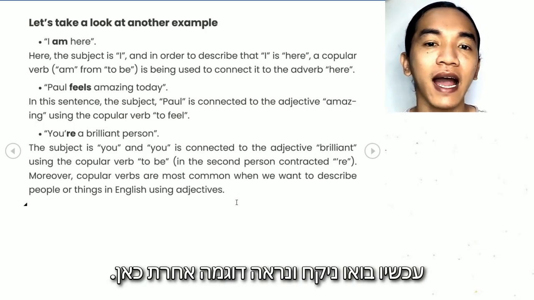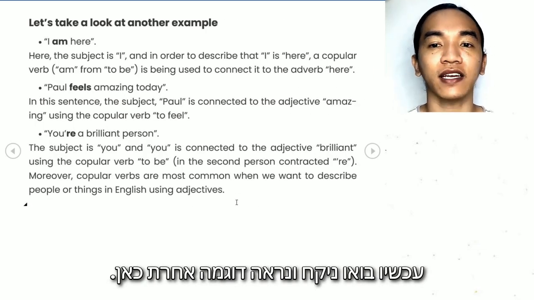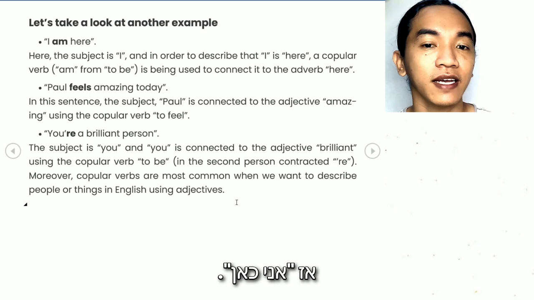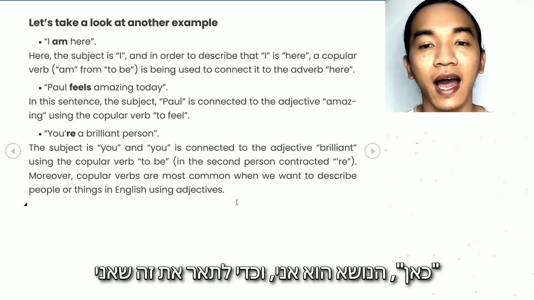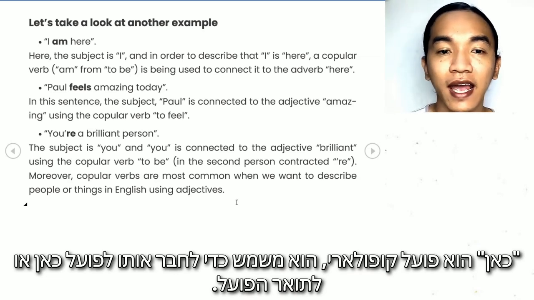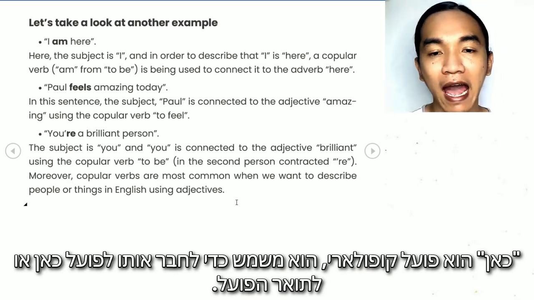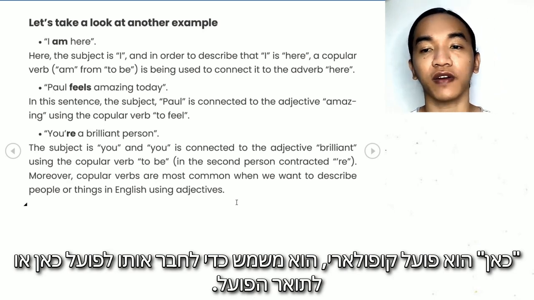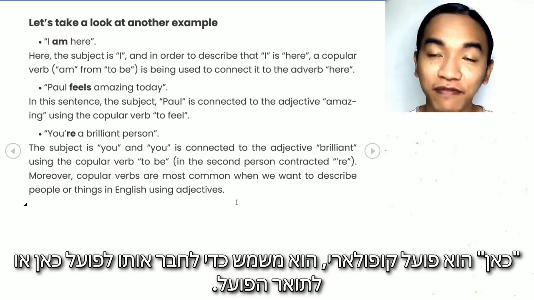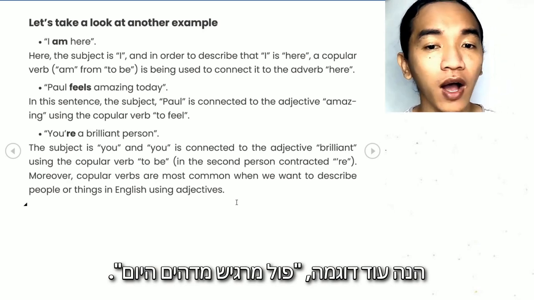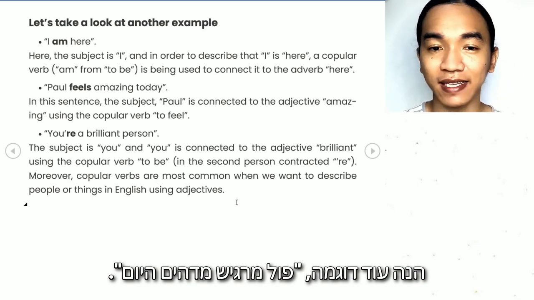All right, now let's take a look at another example here. I am here. Here, the subject is I, and in order to describe that I is here, a copular verb am, from to be, is being used to connect it to the adverb here. Another example, Paul feels amazing today.